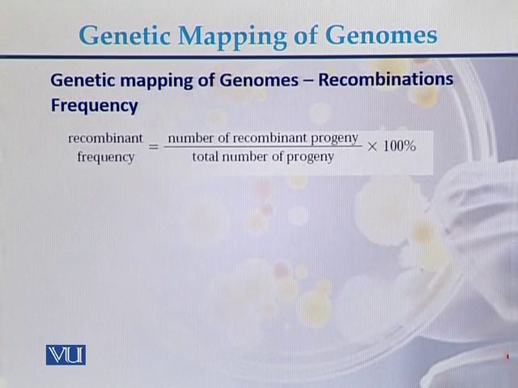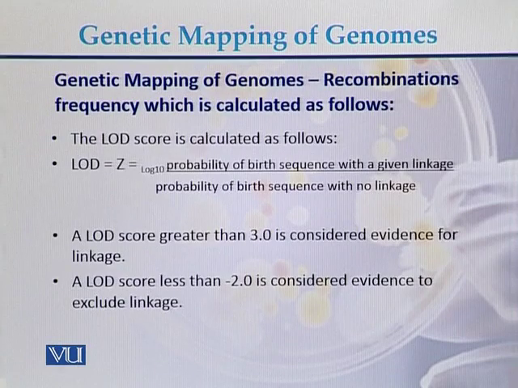This is the formula for calculation of the recombinant frequency: number of recombinant progeny over total number of progeny multiplied by 100%. So in this way, we can calculate the recombinant frequency. Genetic mapping of the genomes can also be calculated from the recombination frequency in the form of the LOD score.